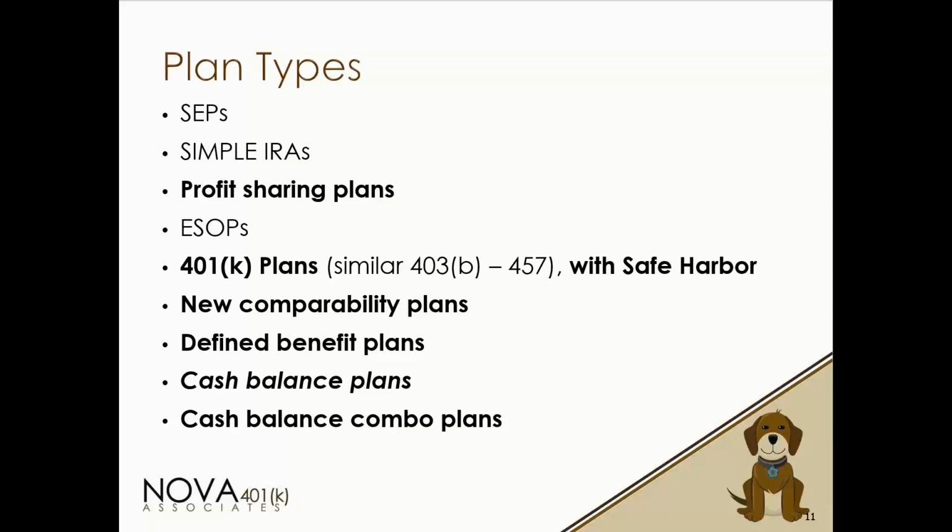That's primarily what my department works on, plan sponsors that sponsor both a profit sharing 401(k) plan along with the cash balance plan. One of the requirements for all these vehicles for the owner is to have income subject to self-employment taxes.